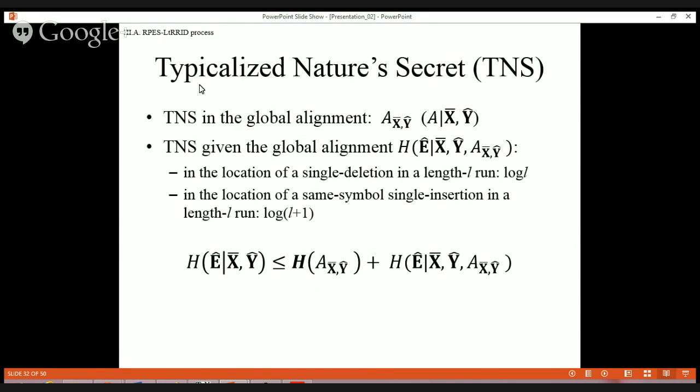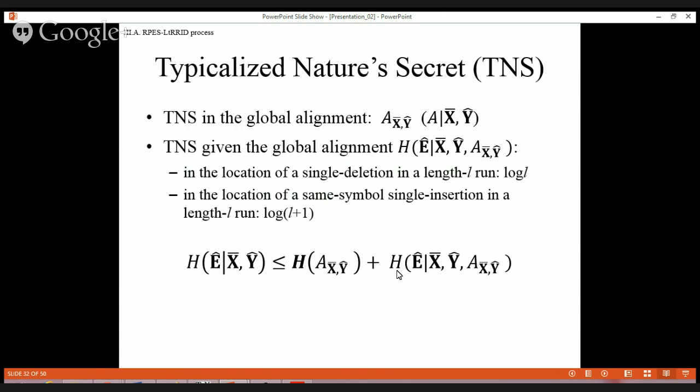So after we've shown that X and Y hat can be almost aligned, we can characterize the typicalized nature's secret, which is H of E hat given X, Y hat, by 2 terms. The first term is the global alignment. So when we are not able to tell which global alignment it is, we write 1 bit to indicate.